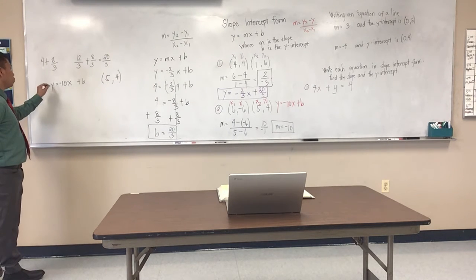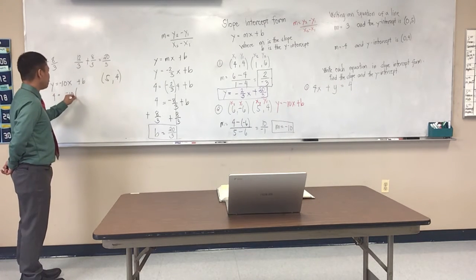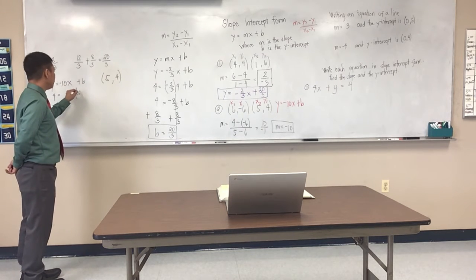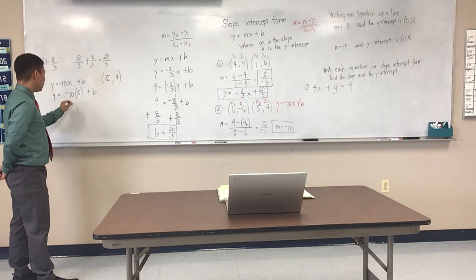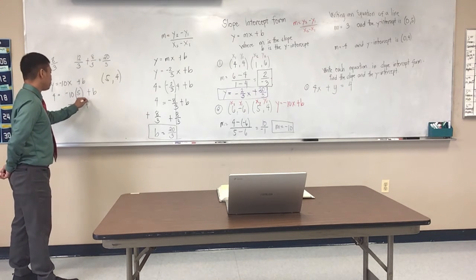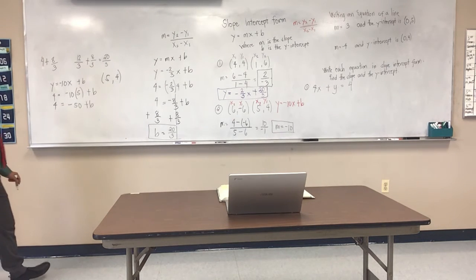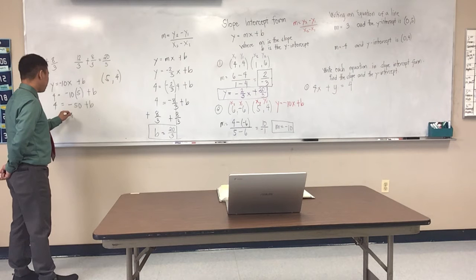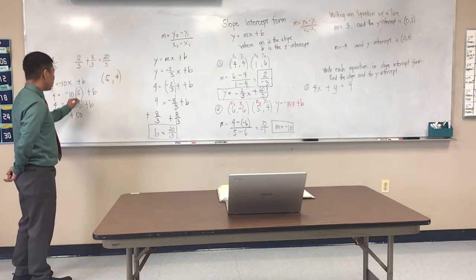So we are using 5 for x and 4 for y. We have y, which is 4, equals negative 10 multiplied by x, we have 5, plus b. Negative 10 times 5 would be negative 50 plus b. To solve for b, we add 50 on both sides, so this would be cancelled already.